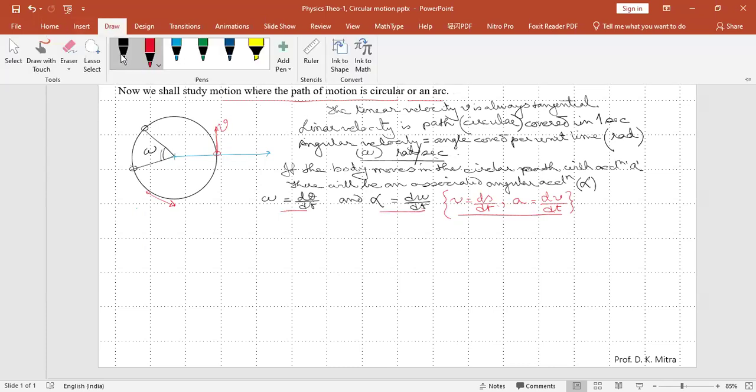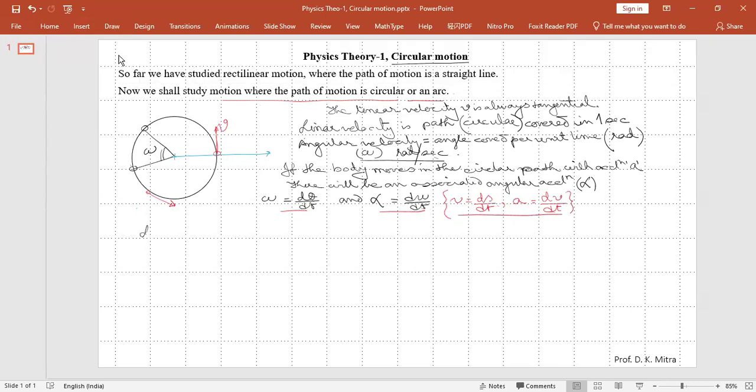Further, it is very important to know the formulas. In linear motion, formula number one is v is equal to u plus ft, where v is the final velocity and u is the initial velocity.